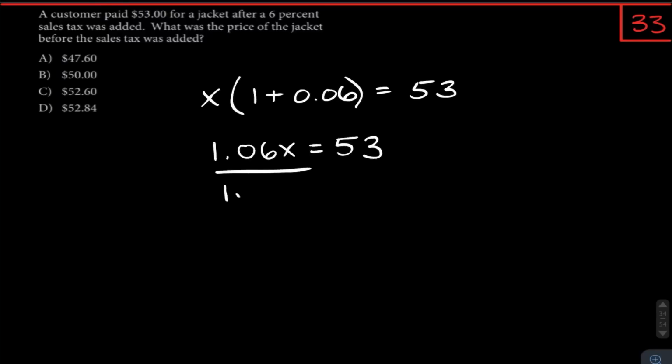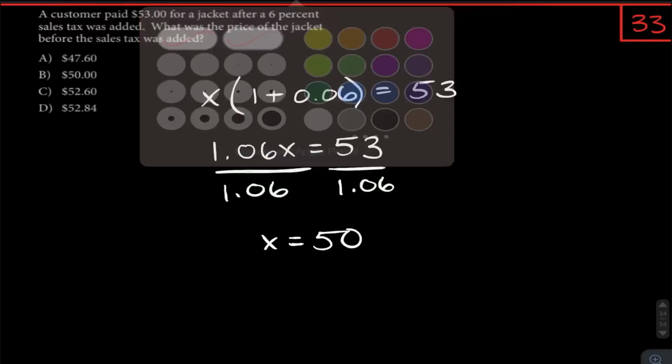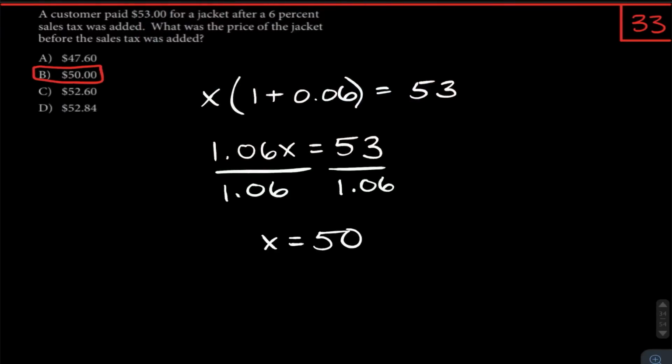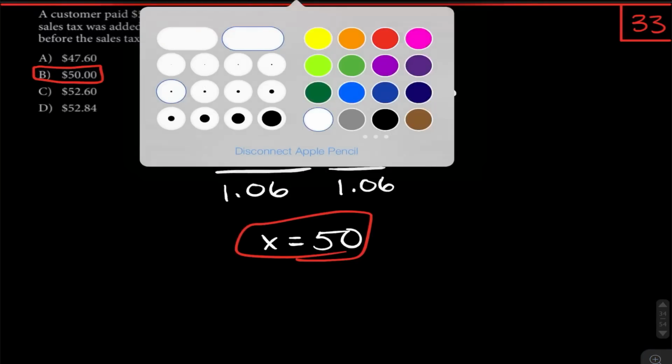And dividing by 1.06 on both sides, you get that x is equal to, and just put that in your calculator there, 53 divided by 1.06 is 50. Okay. And that right there is your answer for problem 33.